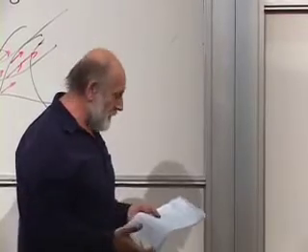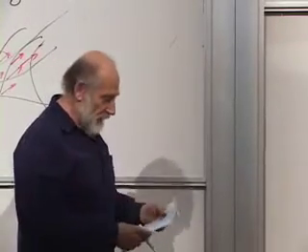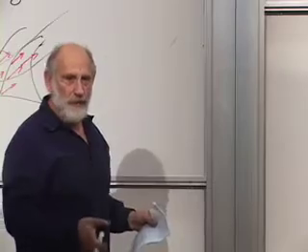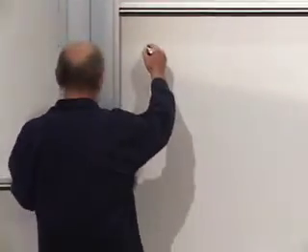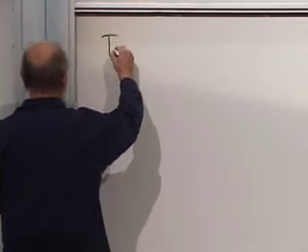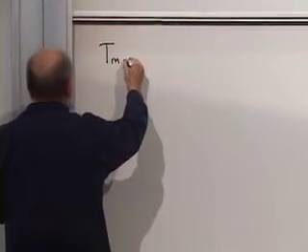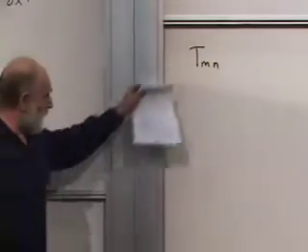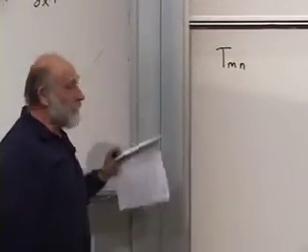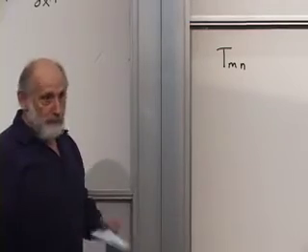Let's start with a thing which is not actually a tensor, but let's check whether it's a tensor or not. In other words, let's assume it's a tensor and then prove that it's not. All right, exactly this object. Let's write T_mn. This is intended to be a tensor in the x-coordinate frame.